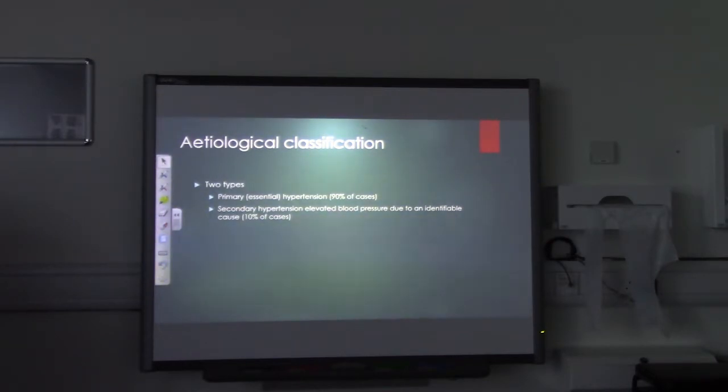Then we have secondary hypertension, which is elevated blood pressure due to an identifiable cause. About 5 to 10% of cases are a result of secondary hypertension. Conditions which result in secondary hypertension are Cushing syndrome and hyperthyroidism, and we might also see it in pregnancy with preeclampsia, and as a result of renal artery stenosis.